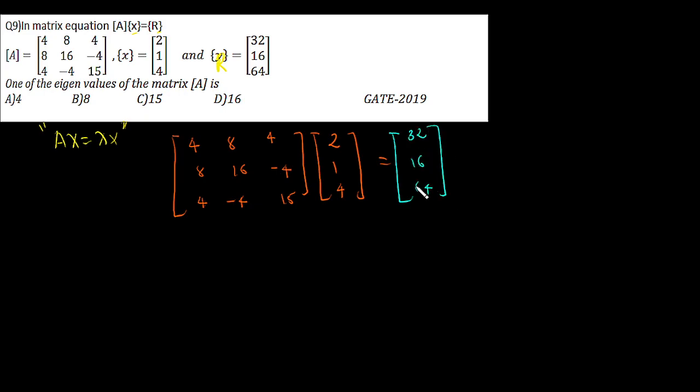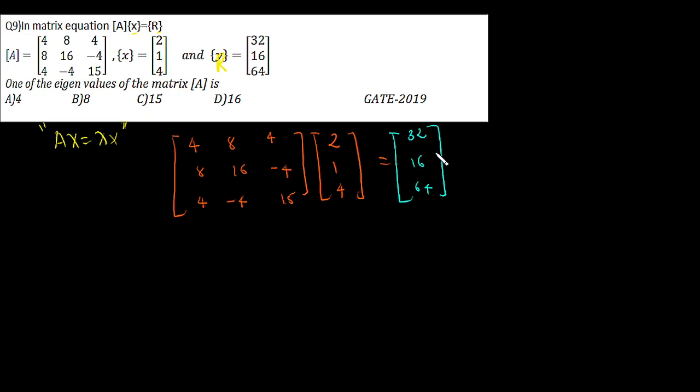You can also check by multiplying this matrix with this column vector. Let's check the first element 32. Here this 4 will multiply with this 2, so 8 plus 16, and 16 plus 16 is 32. In the same way you can also get the 60 for the second entry and 64 for the third entry.